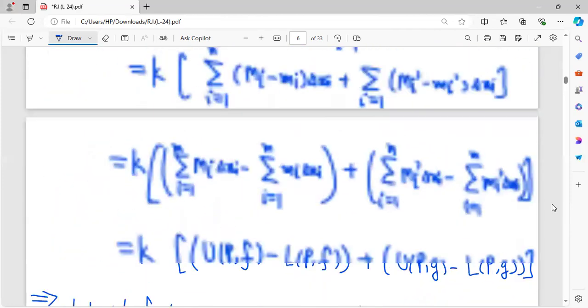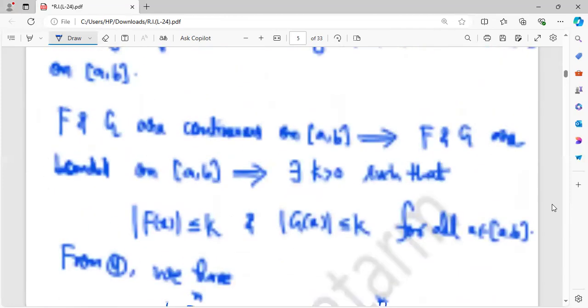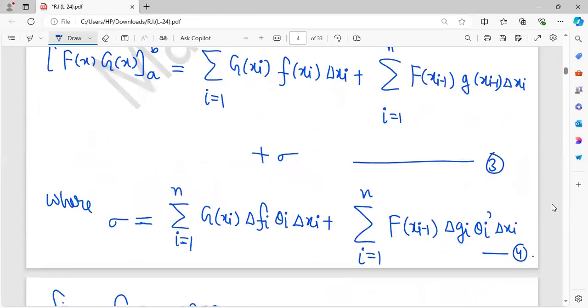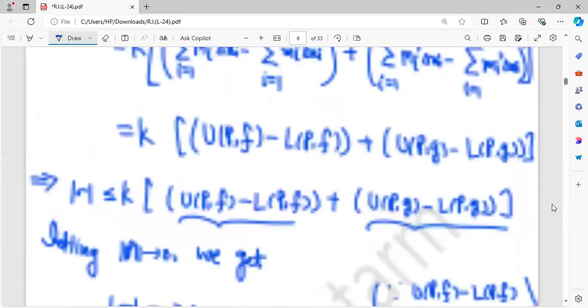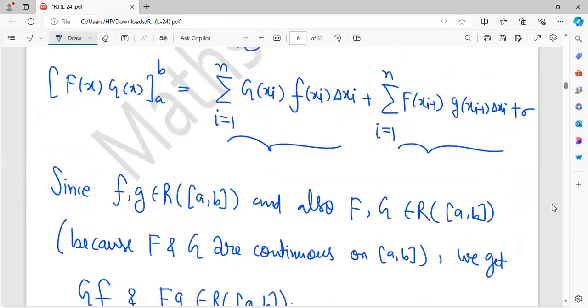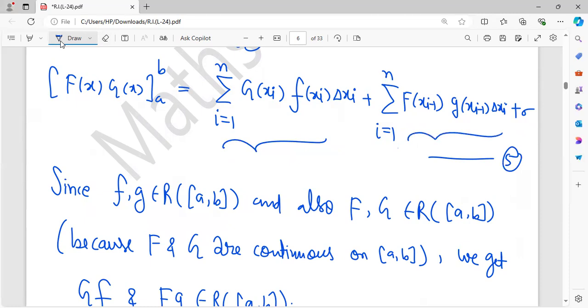So I want to give one name to this equation. Let's say this equation is 5. Okay. So this is the Riemann sum of capital G into small f, and this is the Riemann sum of capital F into small g.